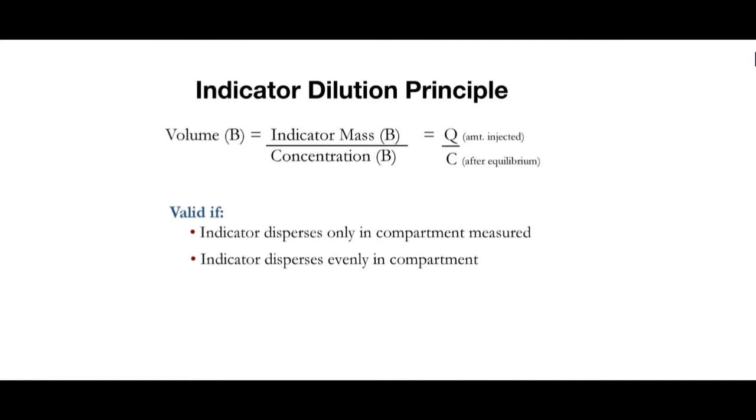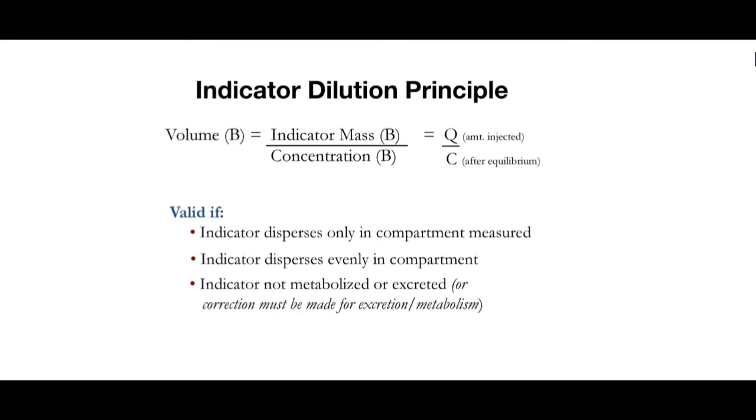If it goes anywhere else, you no longer have conservation of mass, and you can't do this. So it's really important to choose your indicator to measure specifically which compartments you want to look at, knowing that it's not going to leave that compartment. If you have any loss, then that's going to be an issue, which comes into the next part.